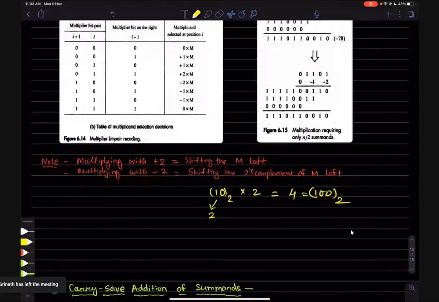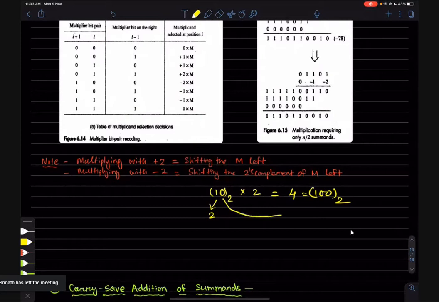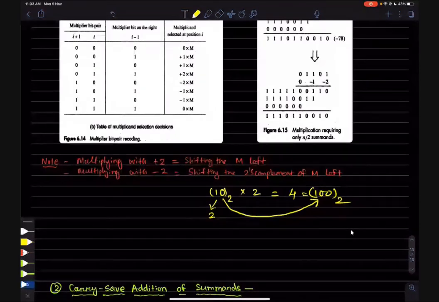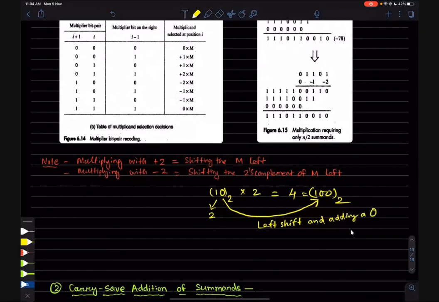You can see it this way. What is the relation between 10 and 100? It is a left shift and adding a 0 at the end, right?